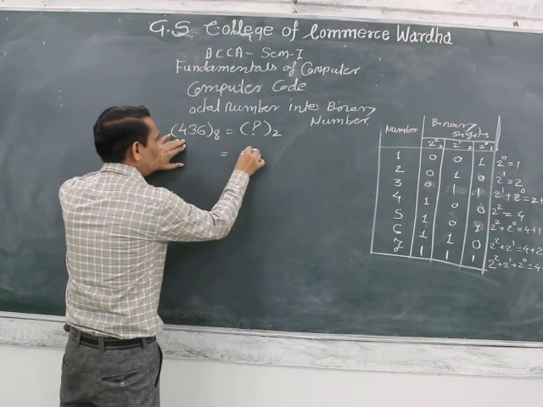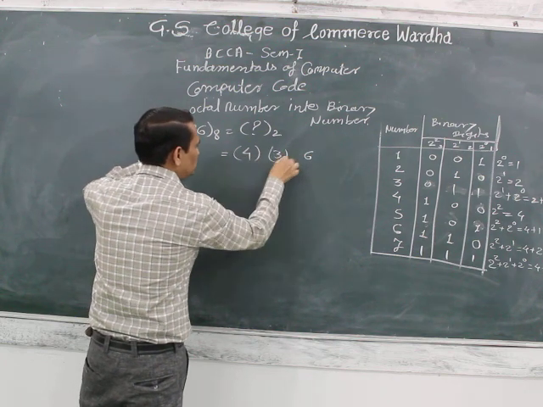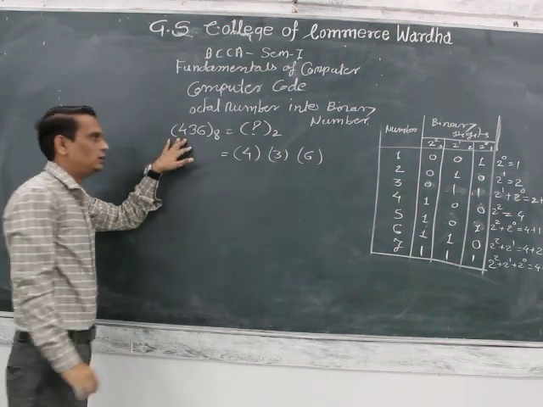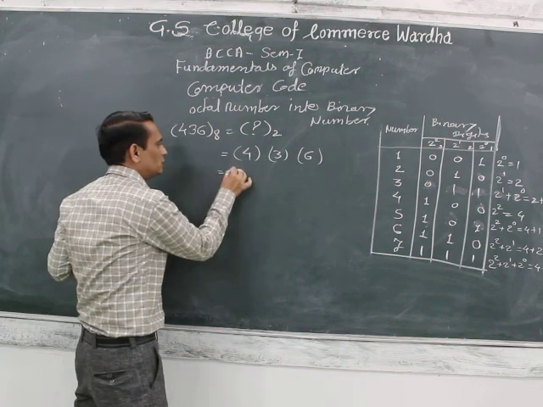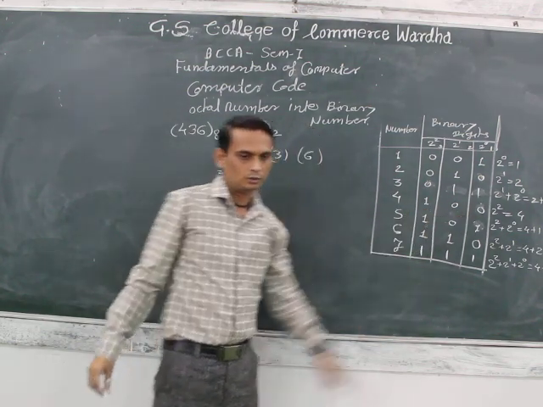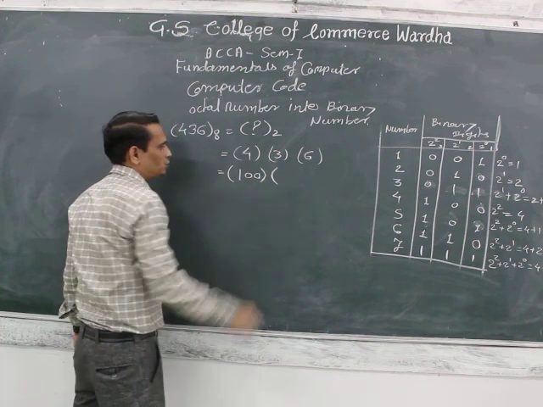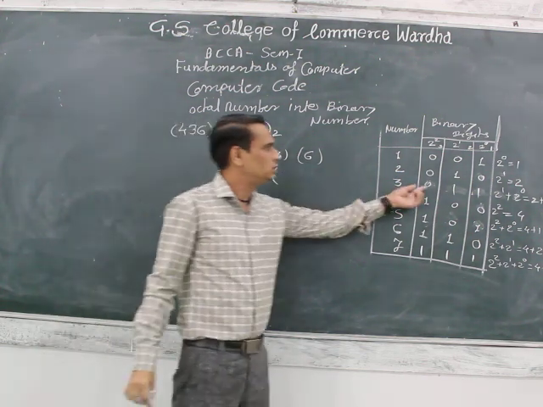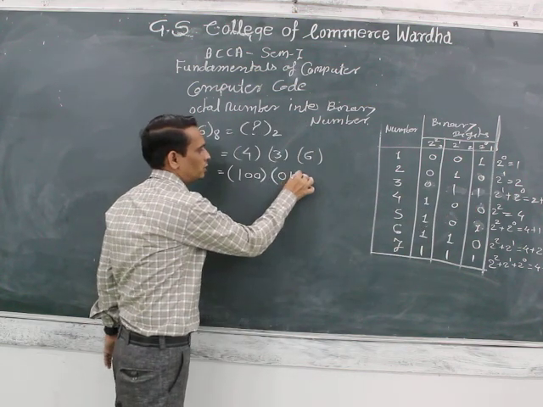So 4, 3, 6. We have 3 symbols available in the octal number, that is 4, 3 and 6. 4 will be represented in binary as 1, 0, 0. 3 will represent 0, 1, 1.